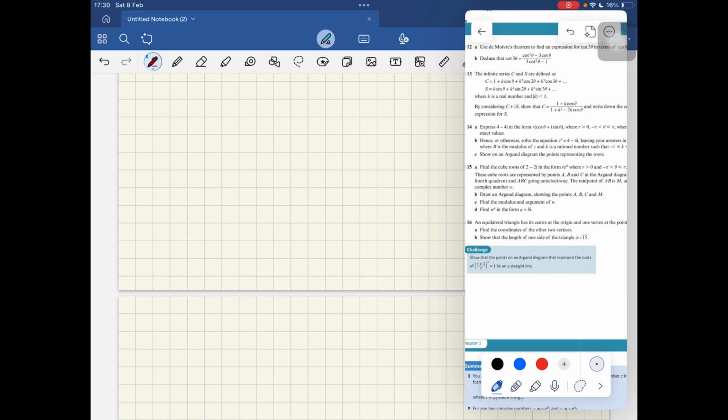So cube root: z to the power of 3 equals 2 minus 2i. 2 minus 2i is 2 square root of 2 cis negative pi over 4 plus 2 pi k. So z becomes square root of 2 cis (8k minus 1) pi over 12.